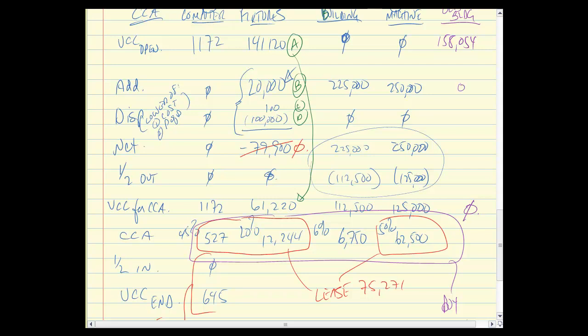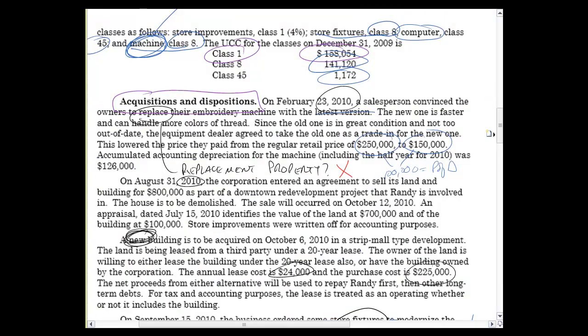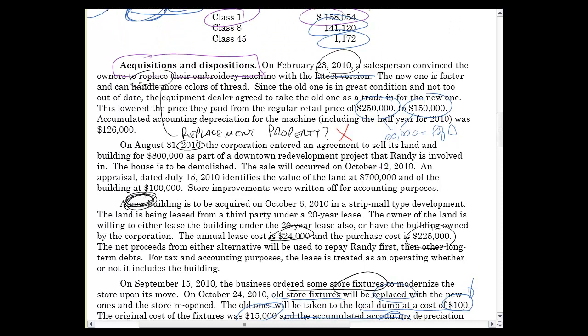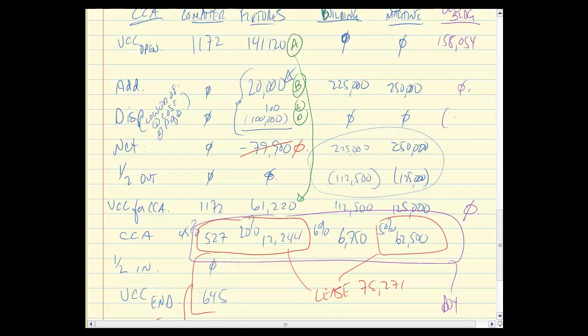So there's no additions to the thing. So what comes out is, right now, the question is telling us that this person is going to sell their land and they're going to get $700 for the land and $100 for the building. So a total of $800,000. So what that tells us is that the lower of cost and proceeds is $100,000.